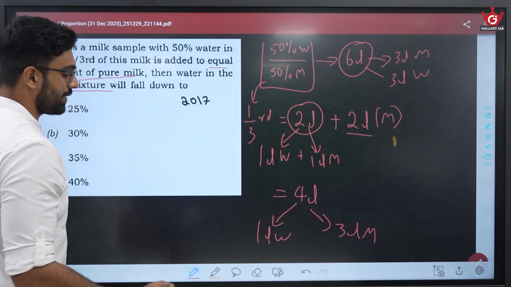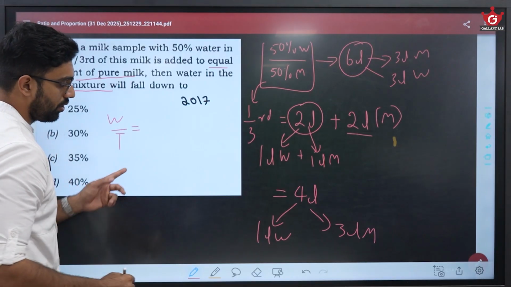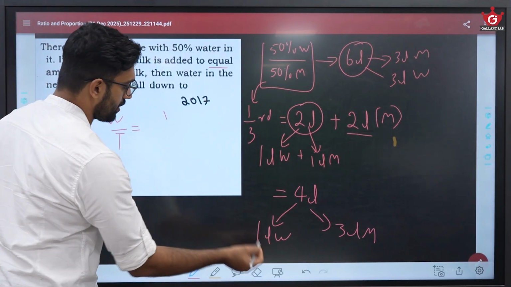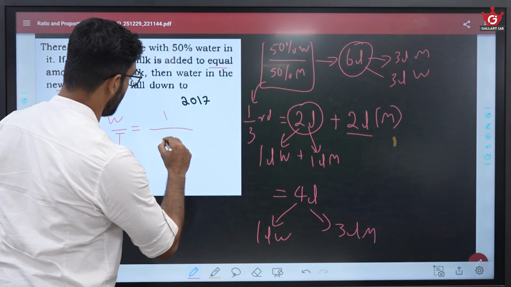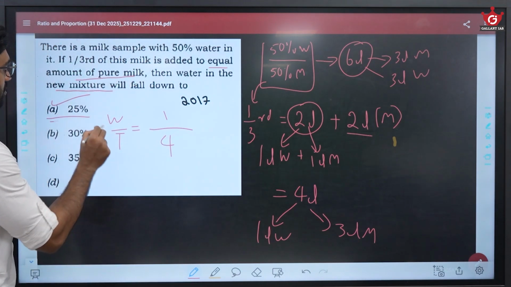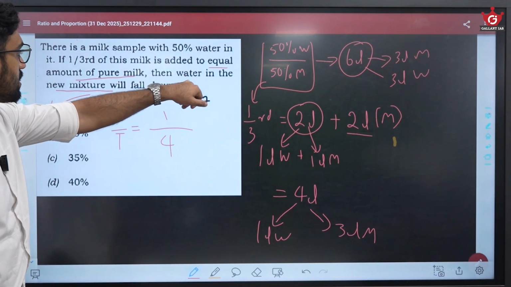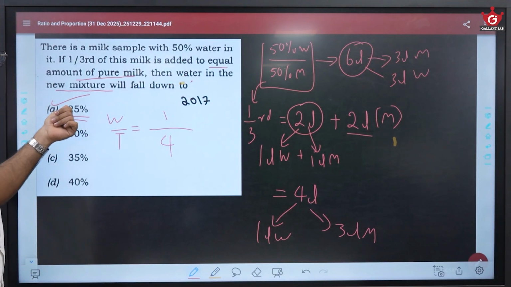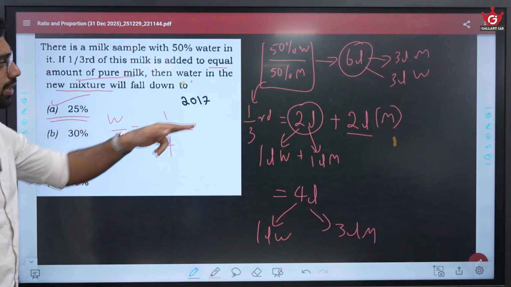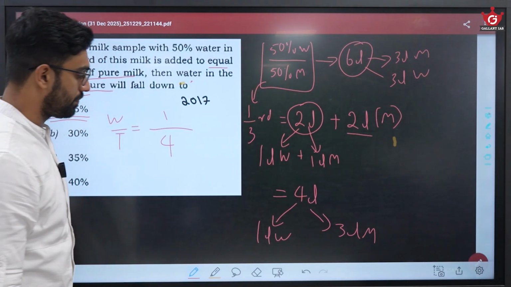The percentage of water is water by total, 1 liter divided by 4, so 1/4 means 25%. They ask for the percentage of water in the new mixture. It is down to 25%. Earlier it was 50, now it is 25% in the new mixture.